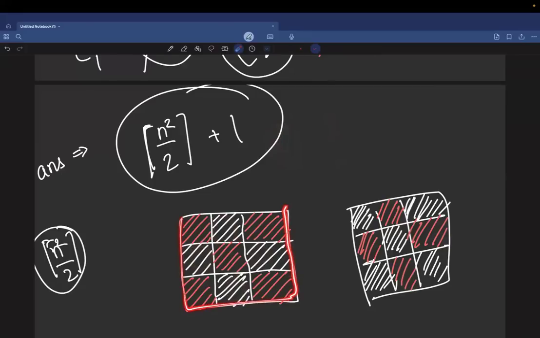And in any matrix of odd size, you would have some cells like this one and some cells like this one, right?